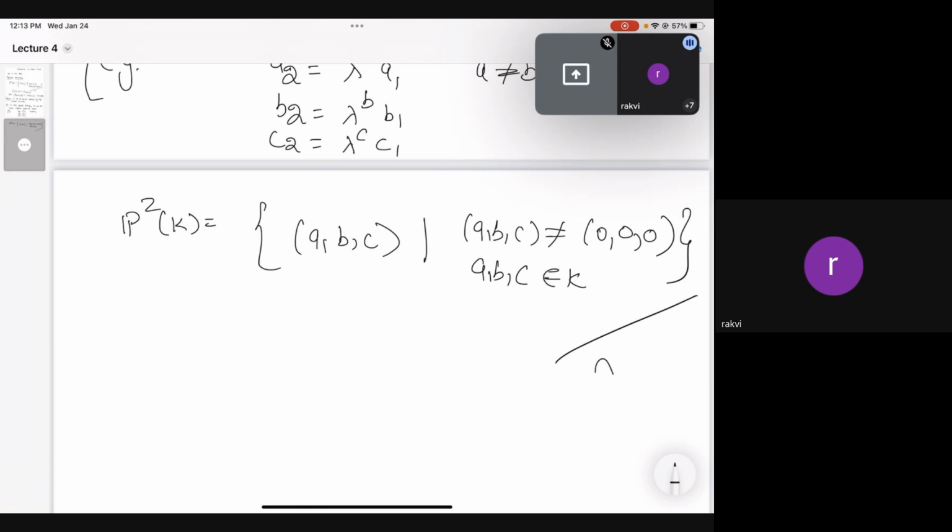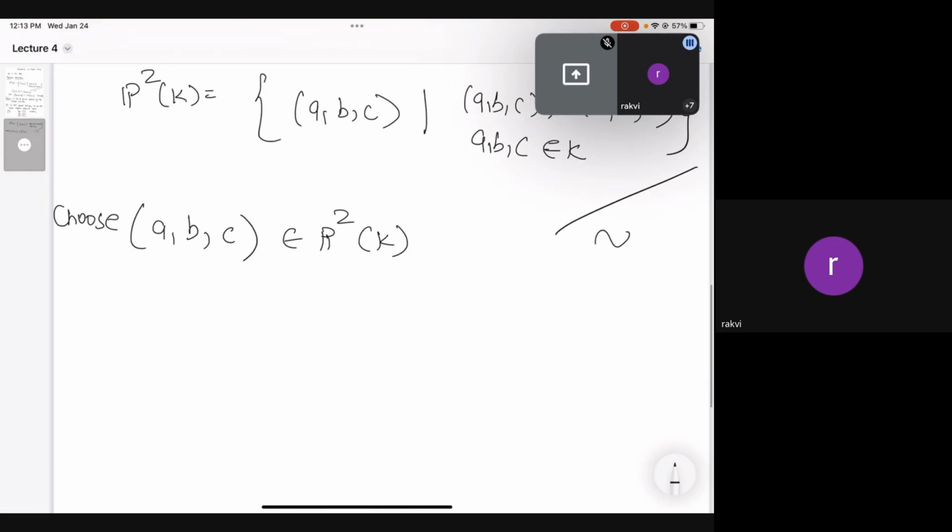And obviously, I'm making some kind of identification. So let me take an element (A, B, C), right? Let's say we choose an element in this projective space. Now there are two possibilities, right? The first possibility is that C is non-zero, and the second possibility is that C is zero.